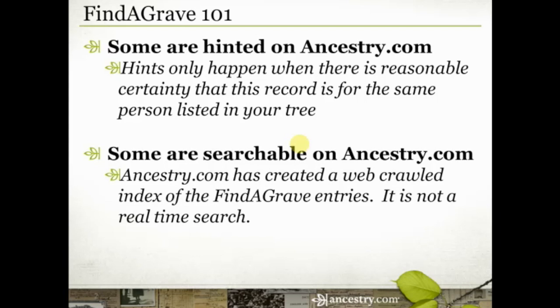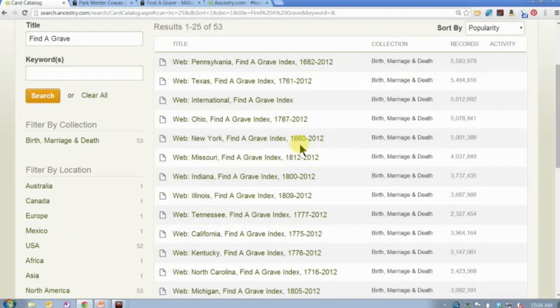We're not looking at the FindAGrave database and searching it. We're searching a cached or web-crawled index of those entries. So these dates become really important. This says that tombstones from 1660 to 2012 are included in this New York database.